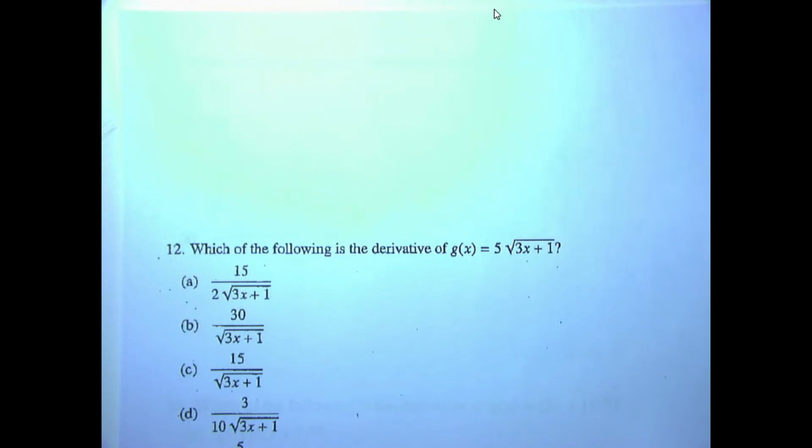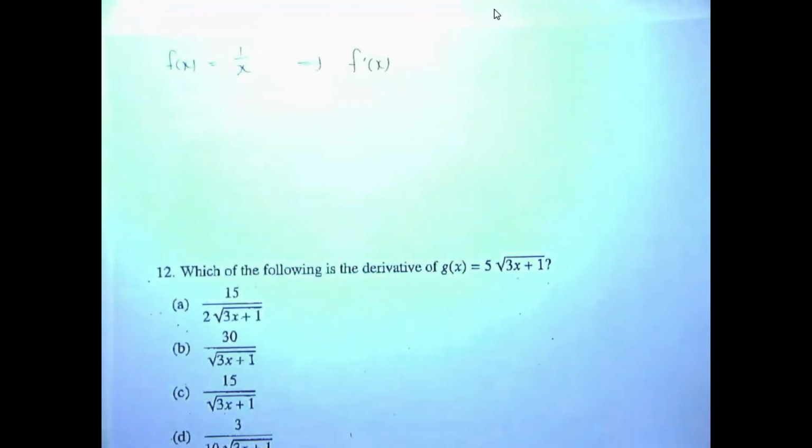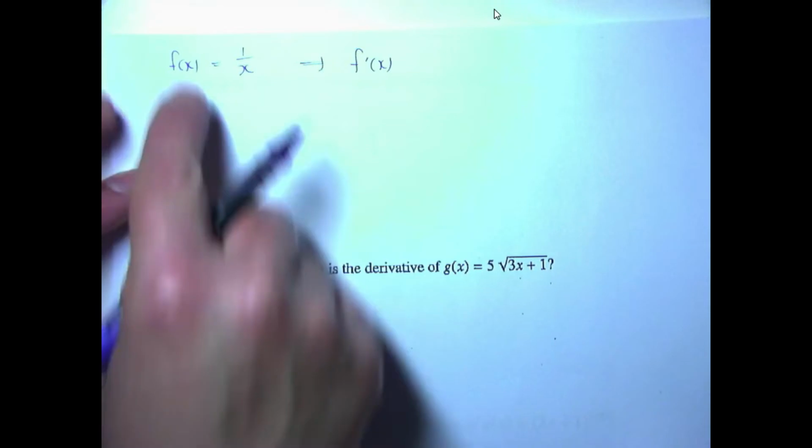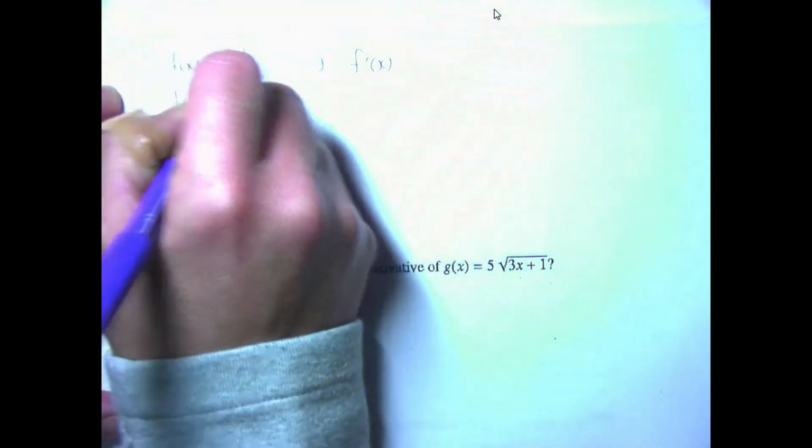The two derivatives I'm talking about: if we have the function 1 over x, what will the derivative be equal to? Okay, there it is. If you do this the long way, f(x) is equal to x to the power negative 1.